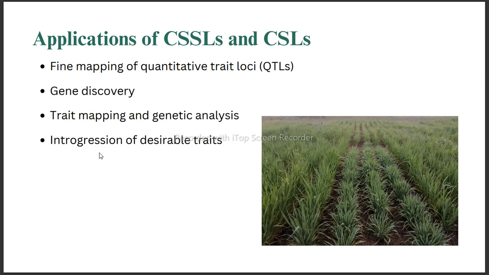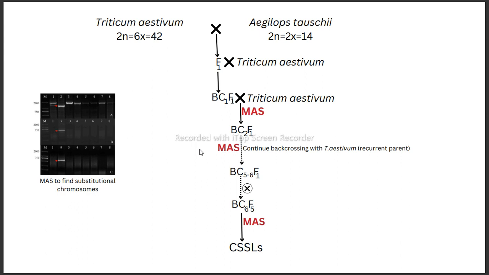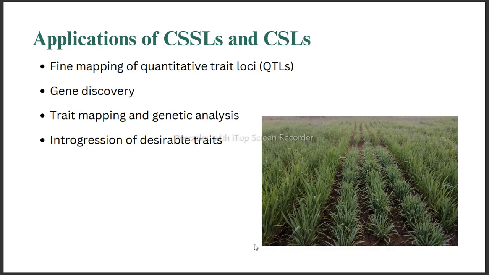And moreover, we can introduce the desired traits, because we have already performed characterization of our germplasm. For example, think about these lines, which are chromosomal substitution or chromosomal segment substitution lines, and we have characterized that this line has rust resistance, this line has drought tolerance, and this line has heat tolerance.